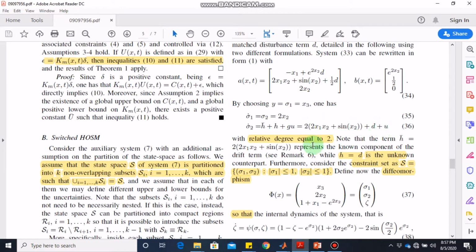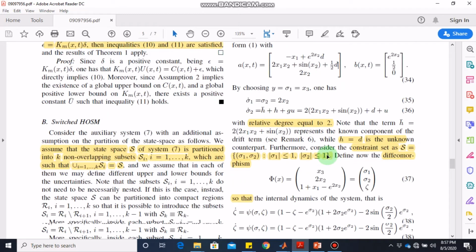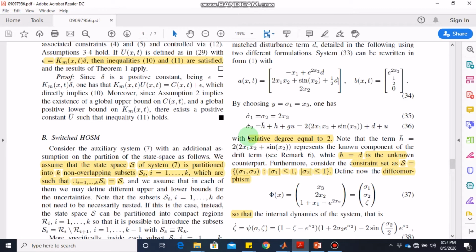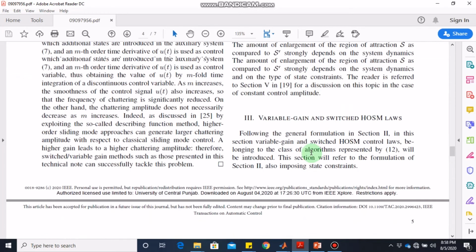So the relative degree is 2, and if you compare this with equation 3 of the paper, where the rth derivative of y is h of x plus g of x times u, then g of x in this case is 1 because u has a coefficient 1, and h is the unknown function, which is d, and this whole term is a known term, which we can refer to as h bar, as in remark 7.